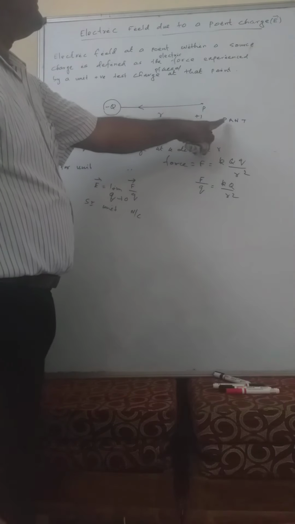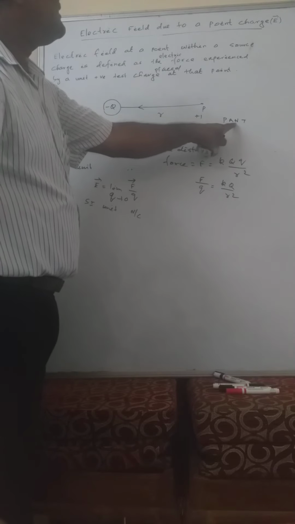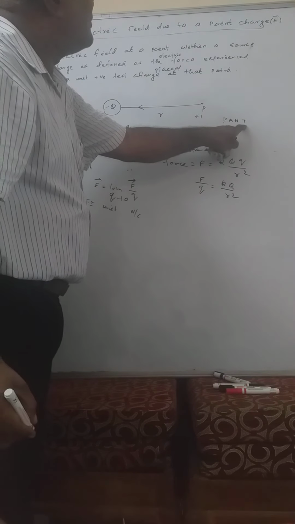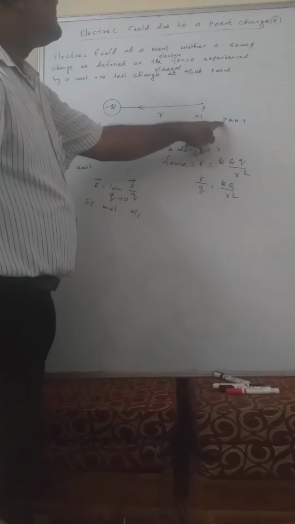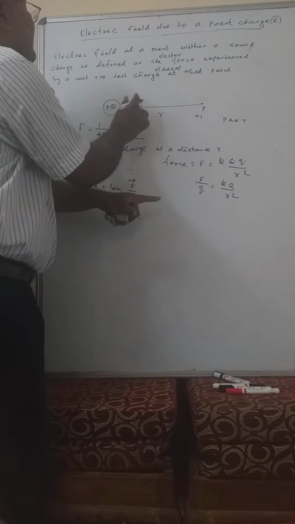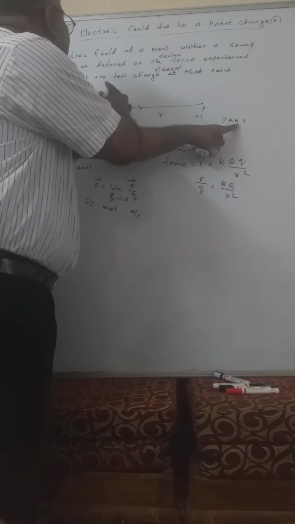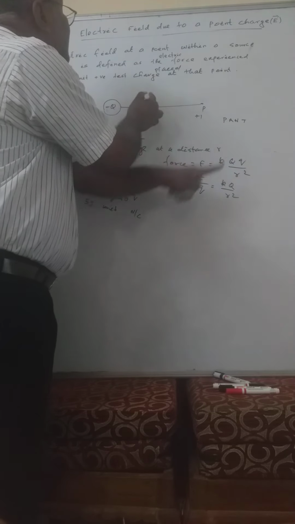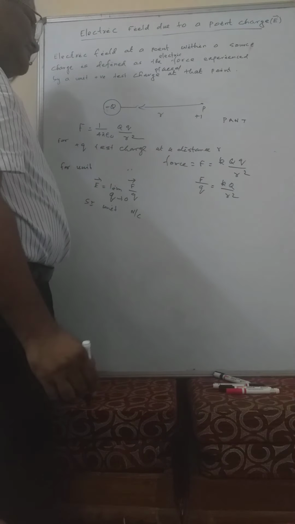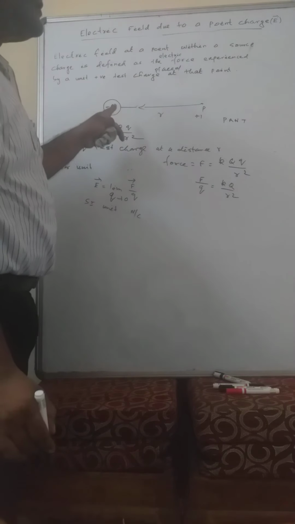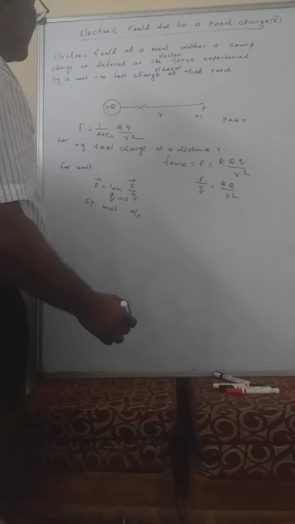P means positive, A means away, N means negative, T means towards. So the student can easily remember how the direction of electric field is found out.